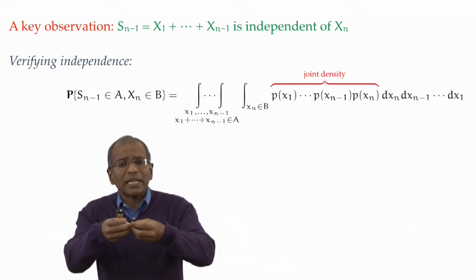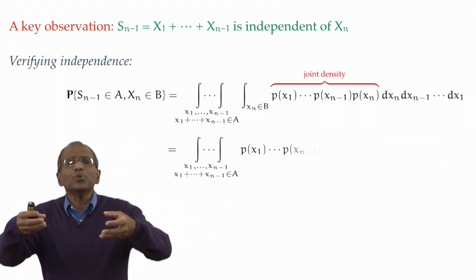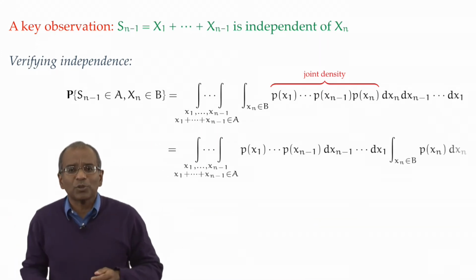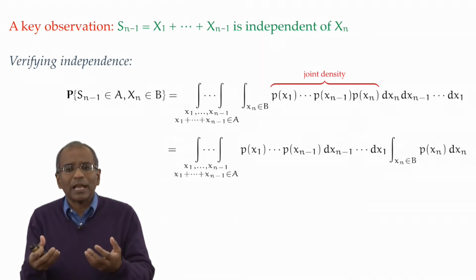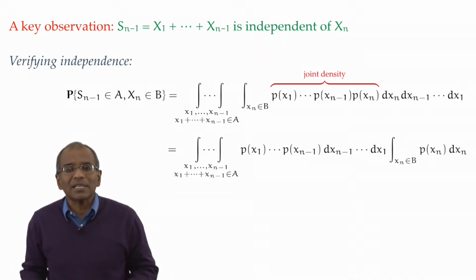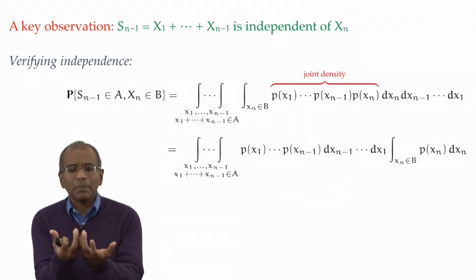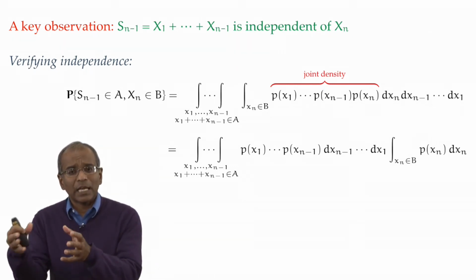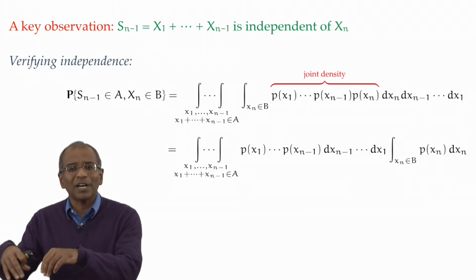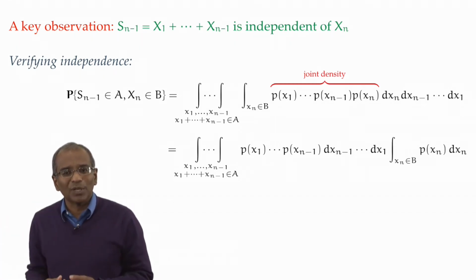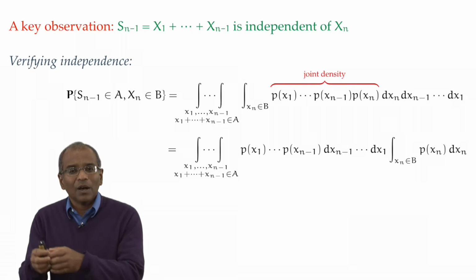Now, once you've got an integrand which peels off so beautifully into a product of individual pieces, then naturally we can separate the integrals and do the integration iteratively. And we break it up into two pieces. A segment where we are doing an integral over the first n-1 coordinate variables. Over what region?